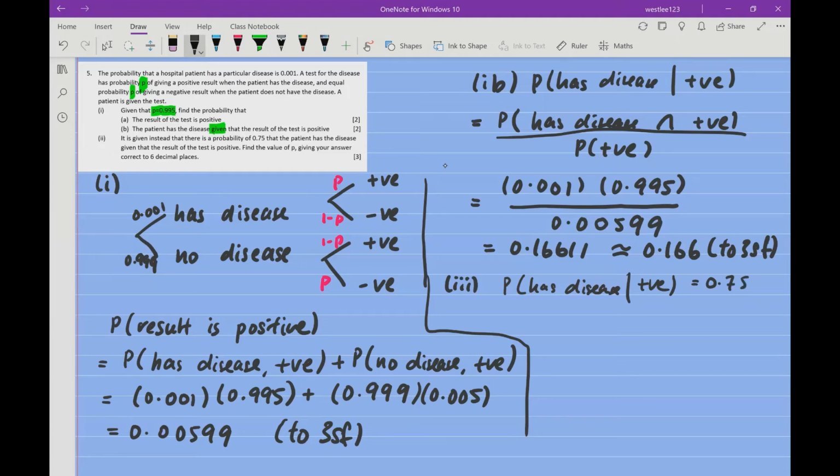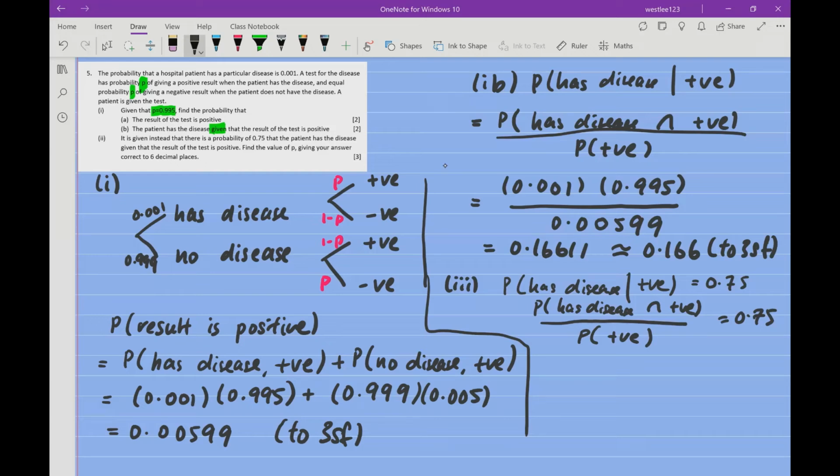Okay, so in the numerator, like I said, you need events that satisfy both criteria, has disease and positive, over the probability that the result is positive, is 0.75.